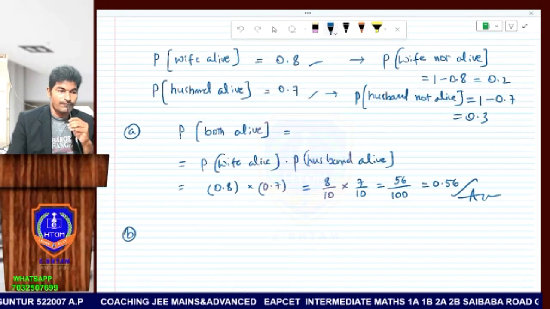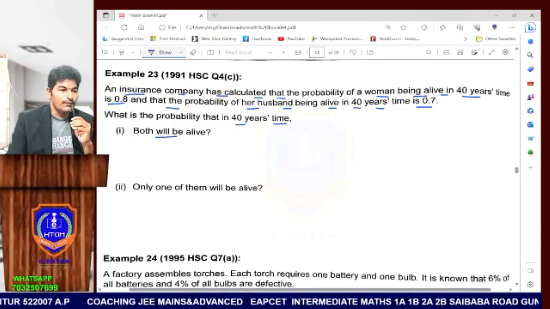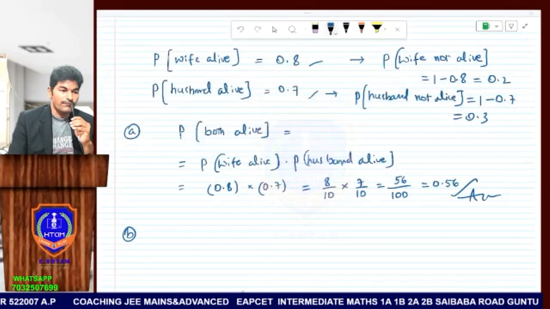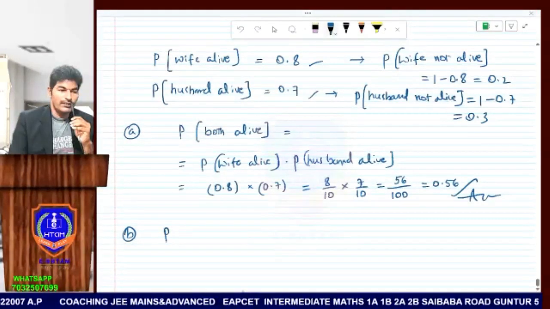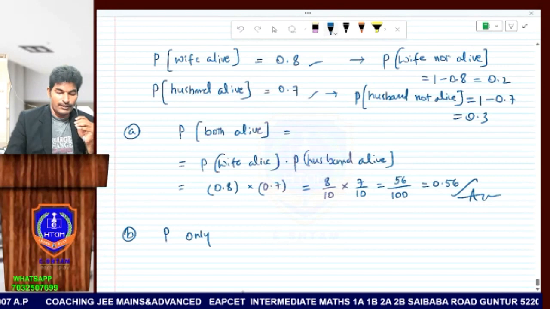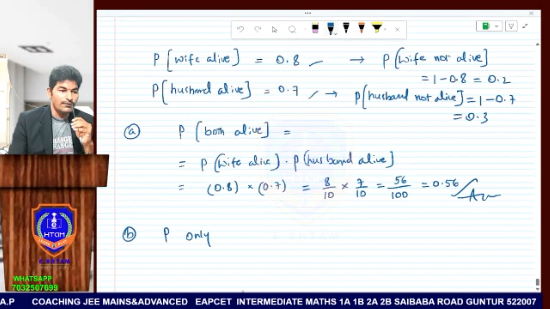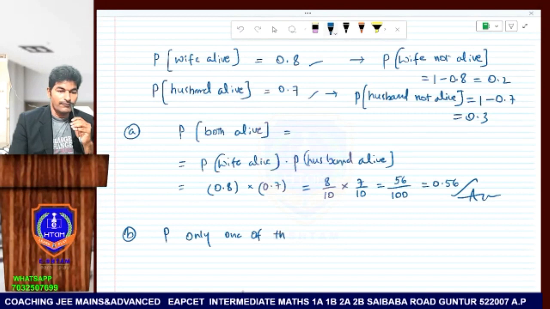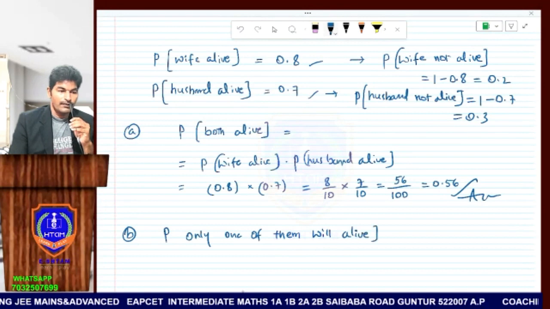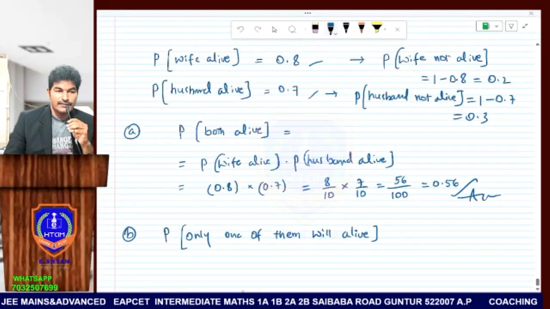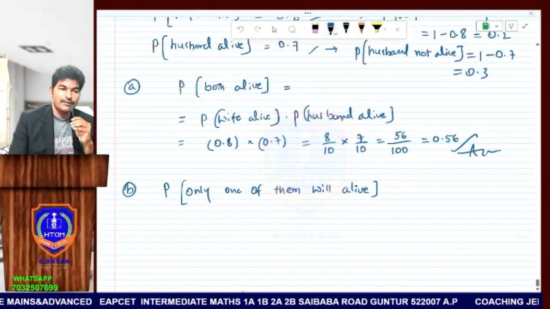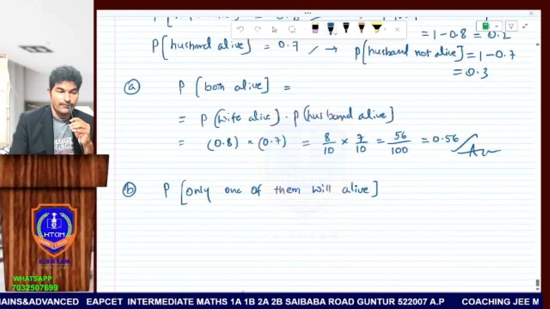Second question. Only one of them will be alive. So the probability that only one of them will be alive. Only one person will be alive and the other person will not be alive.